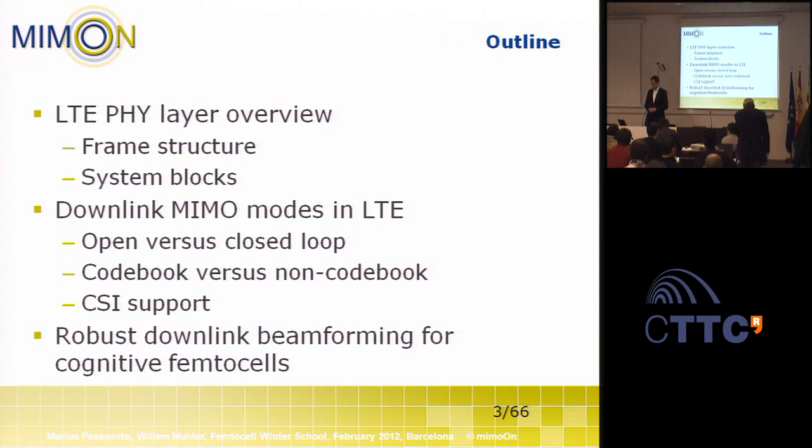And finally, I will look at the topic of Femto cells. How can we use these MIMO modes in LTE to efficiently limit interference between the Femto cell and the macro cell network?